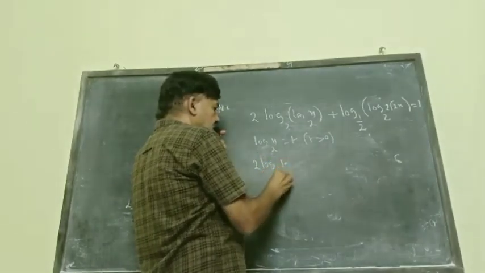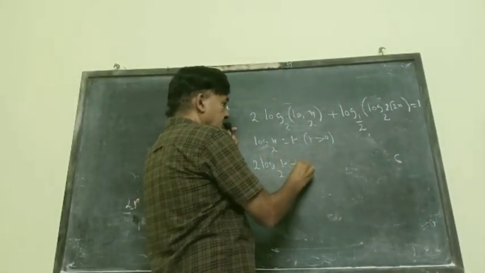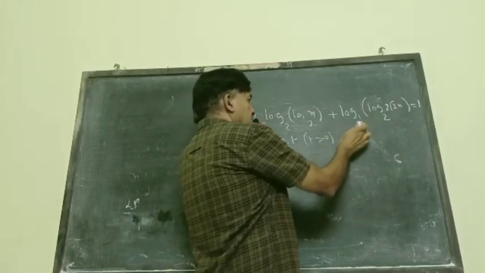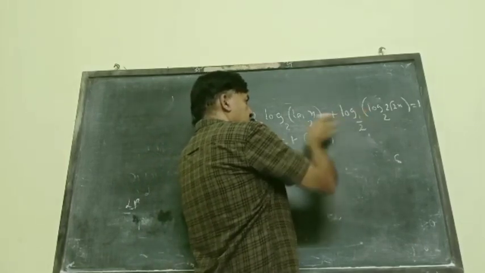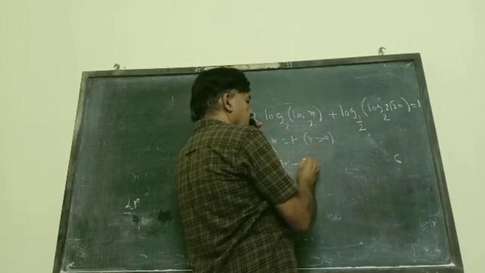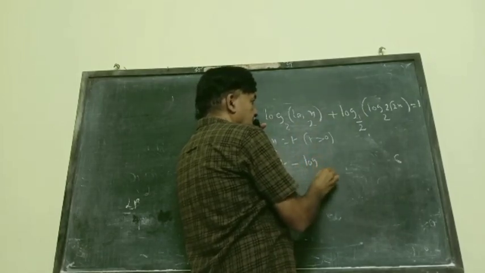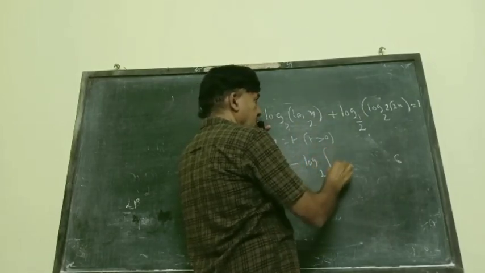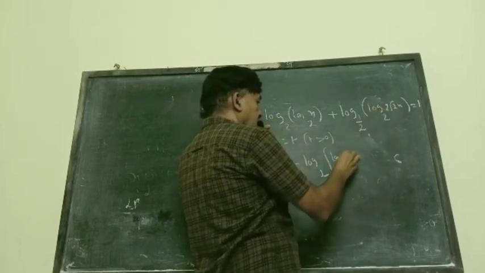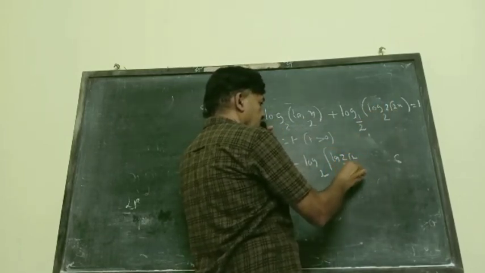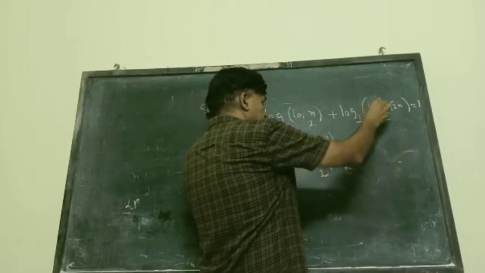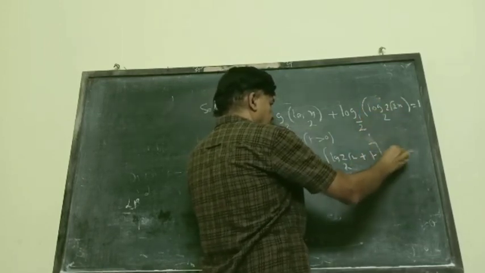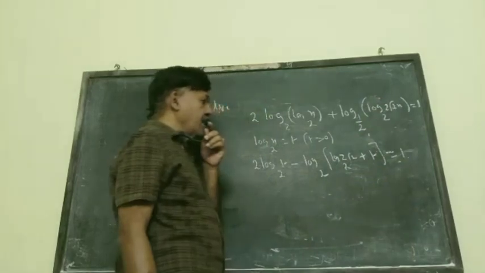Log t to base 2 plus, I can write this as 2 power minus 1. Minus 1 I can take outside. Therefore minus log of 2 root 2 to base 2 plus log x to base 2 is equal to this.